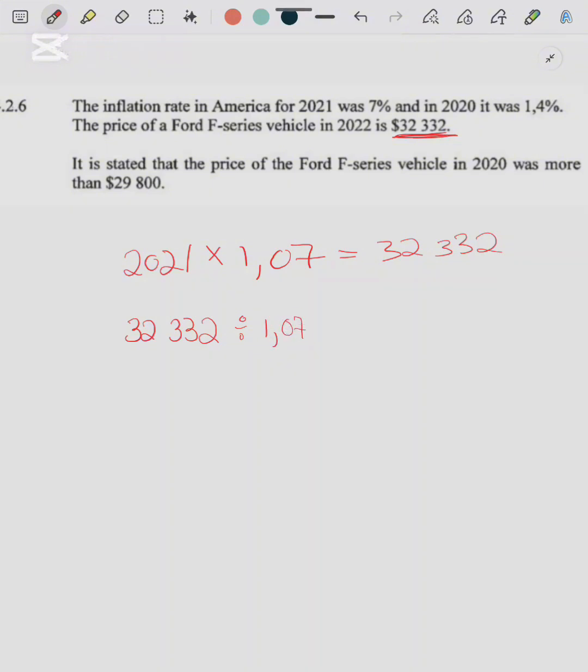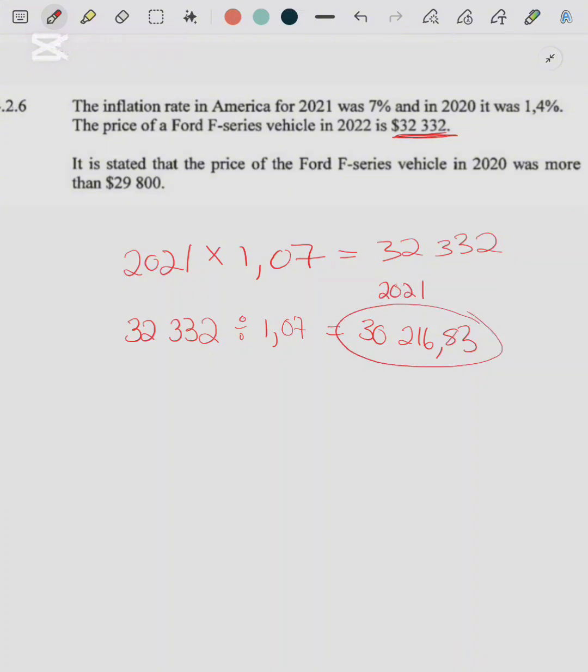Same as with VAT: if we were adding VAT, we would multiply by 1,15, and to go backwards, we divide by 1,15. Same concept here, except now it's 7%, not 15%. That gives me 30,216.83. So remember, this is 2021.